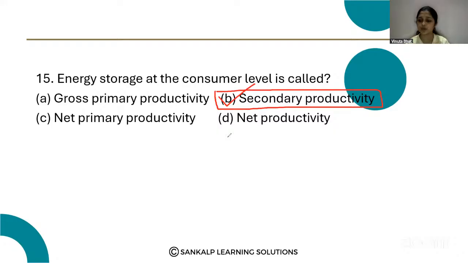So how do you define secondary productivity? The total amount of new organic mass produced at the consumer level is called secondary productivity. Okay, I hope it is understandable.